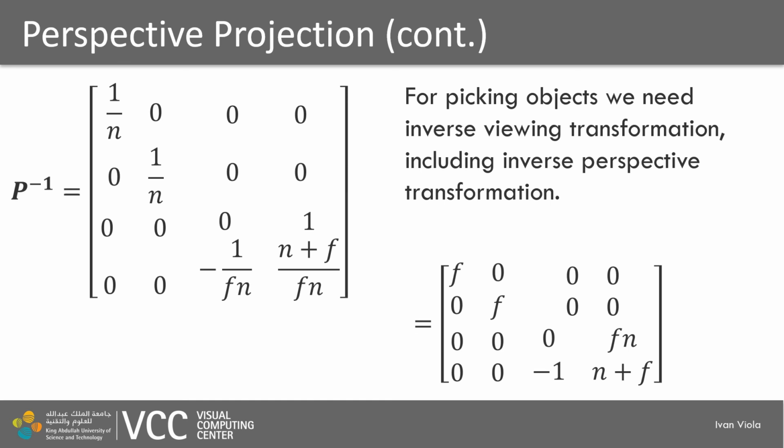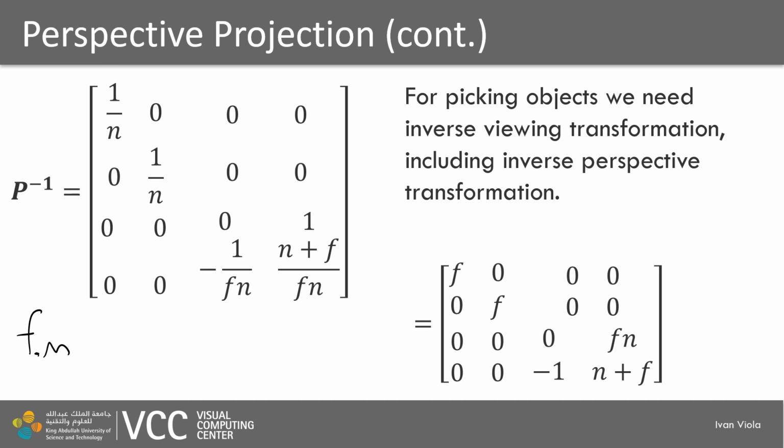Therefore, we can multiply this inverse transformation with a certain scaling factor, the scaling factor fn, and this scaling factor fn will simply multiply each non-zero value in this matrix and change this matrix a little bit so that it becomes much simpler.